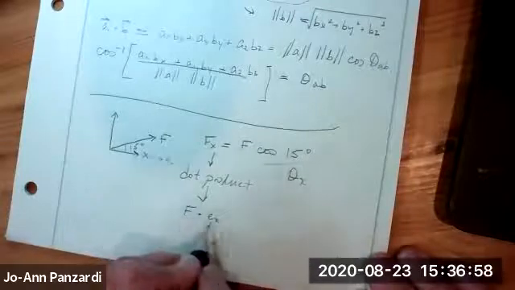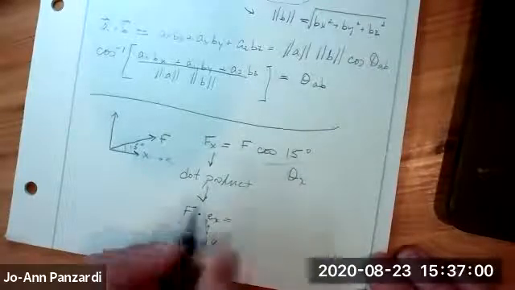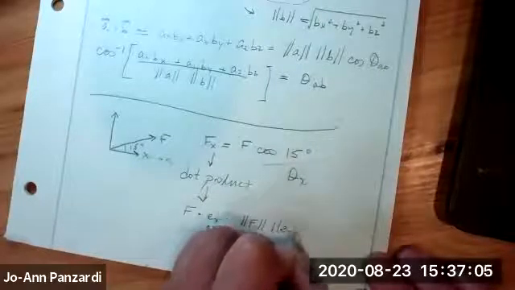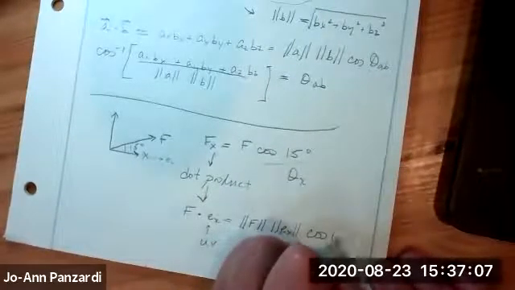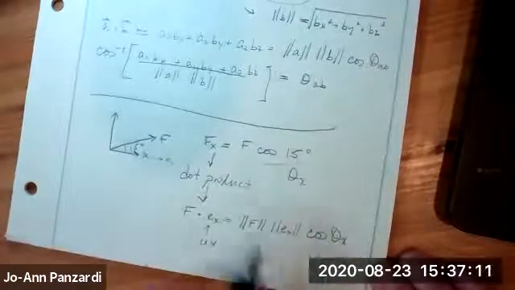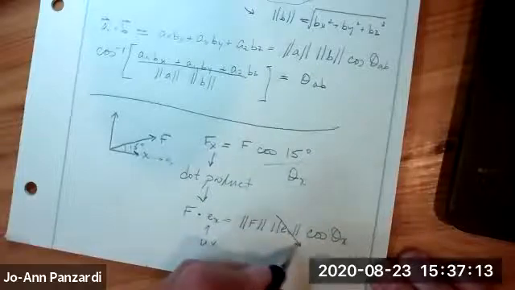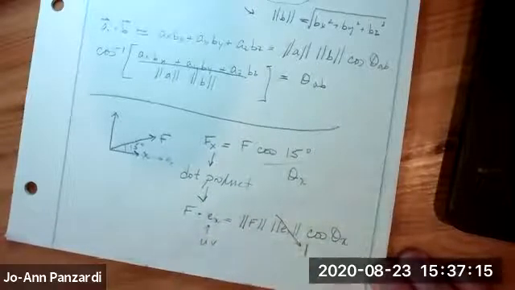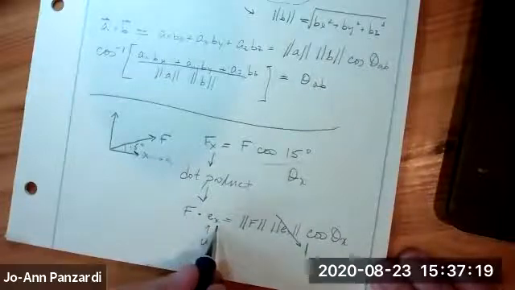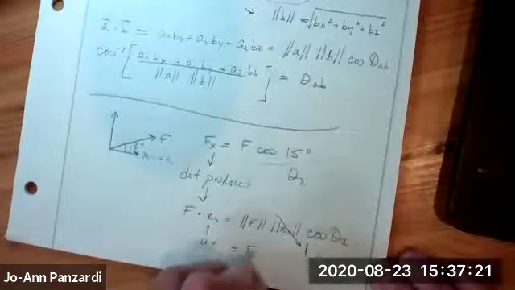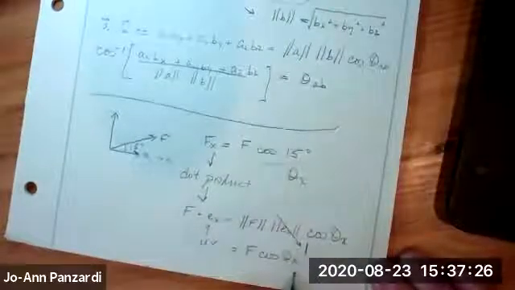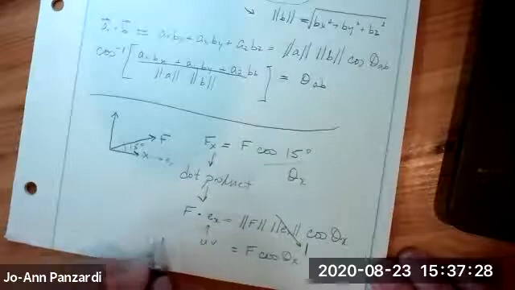And we know that when we dot two vectors, it's the magnitude of F times the magnitude of the second vector times the cosine of the angle between, which is the direction angle. And what is a unit vector? What is the magnitude of a unit vector? It's 1. So in the end, when you dot F with ex, it's equal to F times the cosine of theta x.